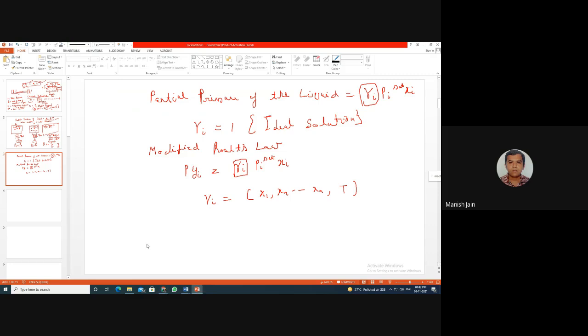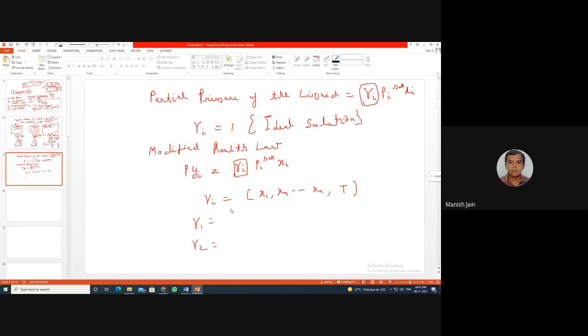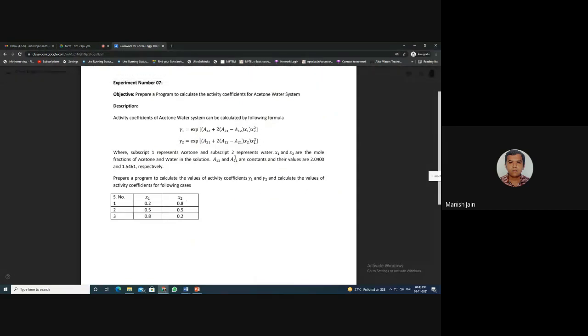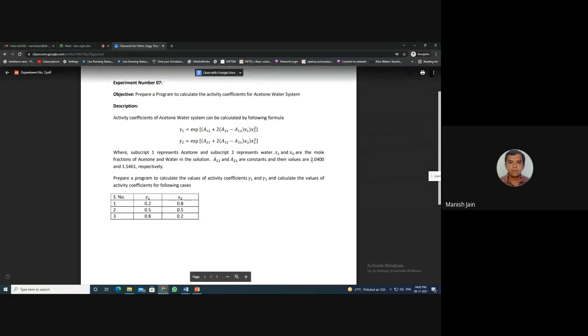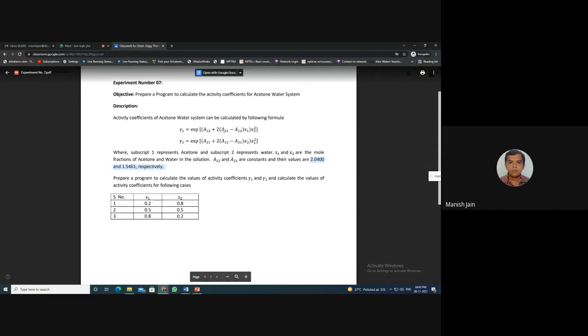Any problem in this experiment? You can do the programming. This is a very simple program, just write these equations and substitute the values of A12, A21 and the mole fractions x1 and x2 given here.